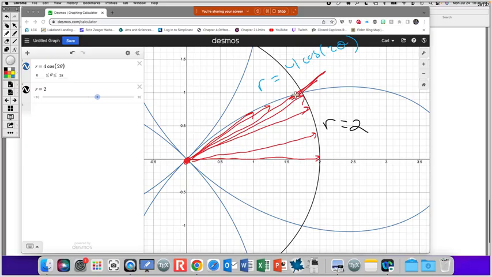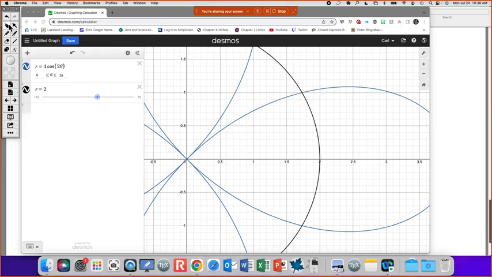So what do I need to do? I've got to figure out the angle where these two graphs meet. So that's where we have to do a little bit of algebra. But do you see how it's made up of these two different pieces?